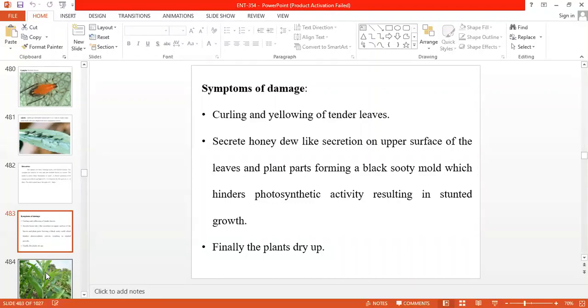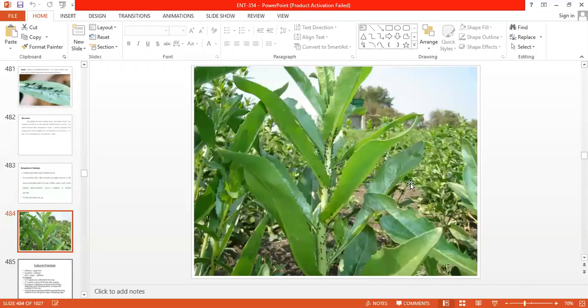Mostly aphids concentrate their infestation on leaves as well as on tender shoots. This is the safflower plant. On that safflower plant, infestation is mostly on the tender shoot portion and below the leaves, on the lower side of the leaves.